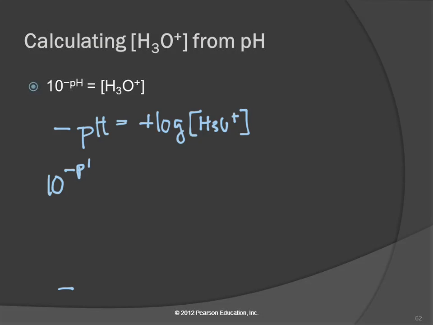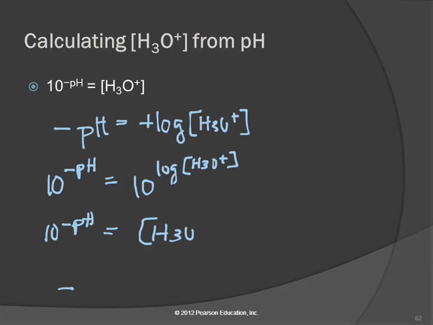So 10 to the minus pH is equal to 10 to the log of H3O+. But 10 to the log of something is just that something. So 10 to the minus pH equals the hydronium ion concentration. So not going to test you on that, but just to show you where that comes from.